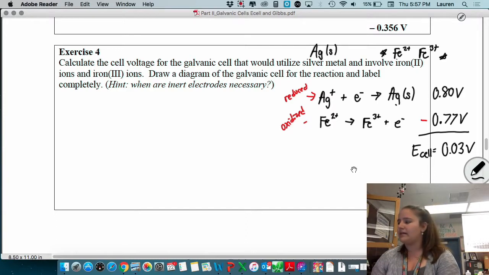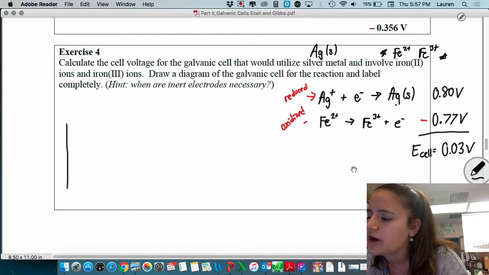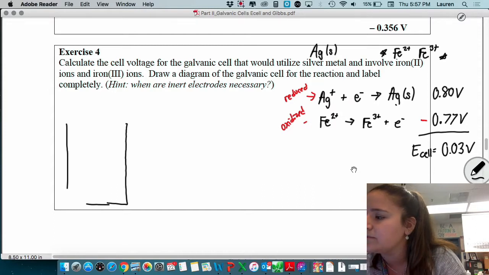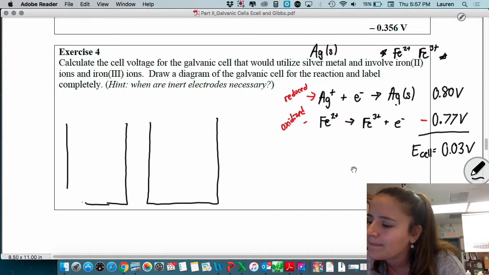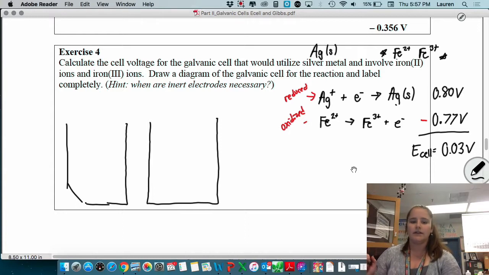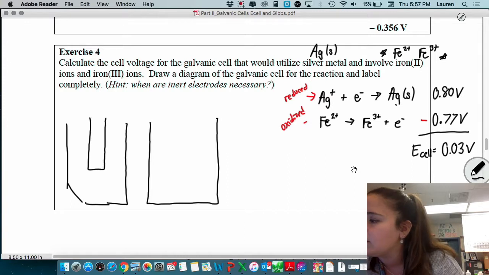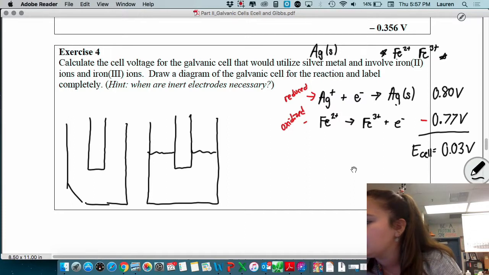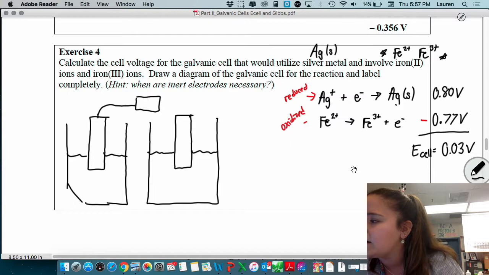Okay, but let's go ahead and draw this and picture what is going on here. So we draw our two beakers for our half reactions. I have a dead spot there, but it's fine. Okay, we have our two electrodes. We got our solution. We have our wire connecting them. This is our voltmeter.